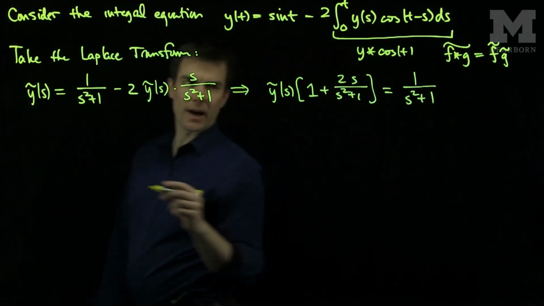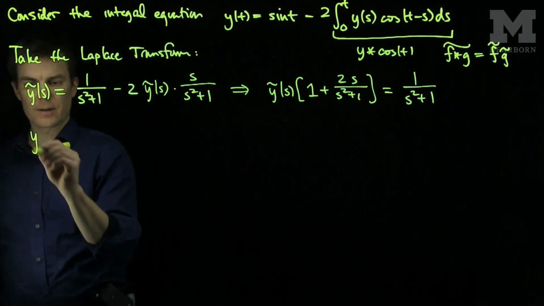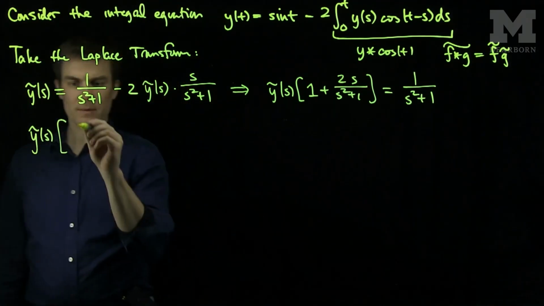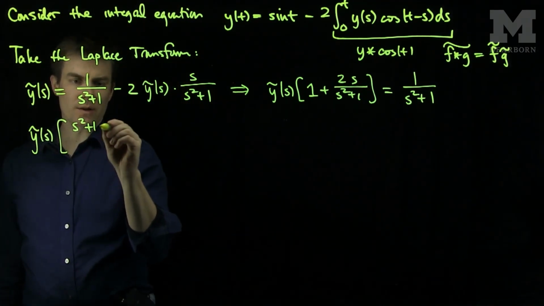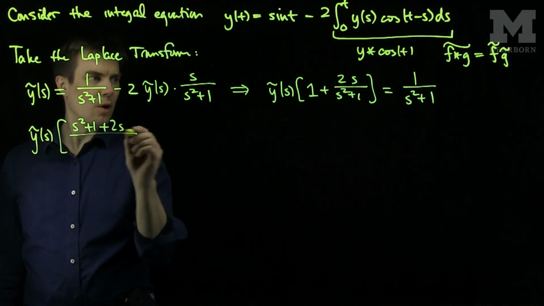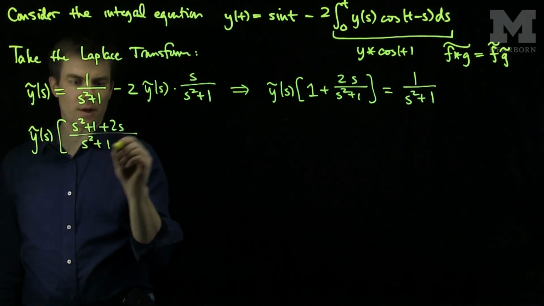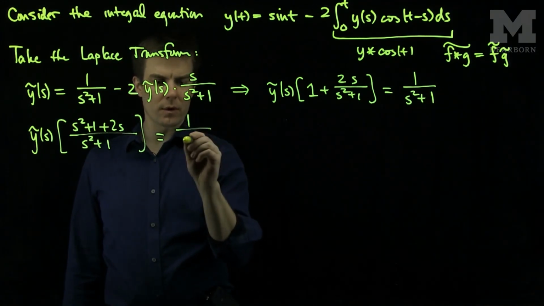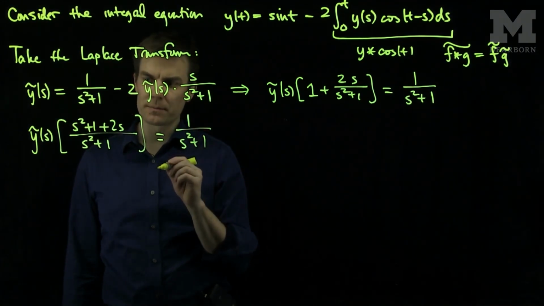Now we will simplify the left-hand side. The left-hand side is going to simplify to y tilde of s times the quantity s squared plus 1 plus 2s over s squared plus 1. And this will be equal to 1 over s squared plus 1.